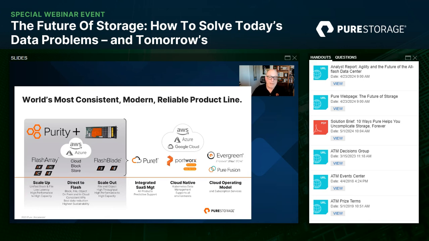They're all built on the same platform and have the same UI and the same management capabilities, even if you want to take it into the public cloud, whether it be Azure or AWS or what have you. That is something that our platform at Pure can deliver.